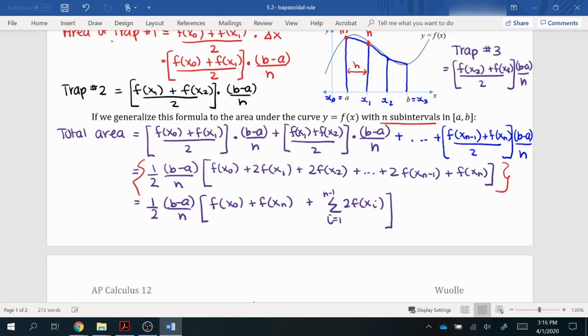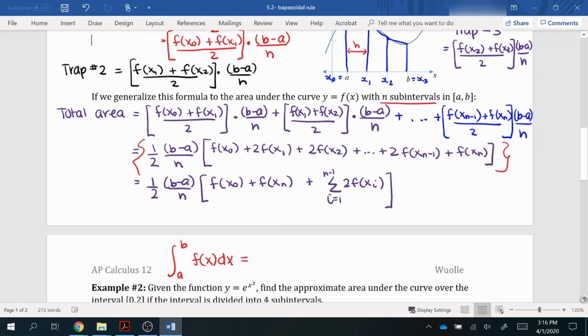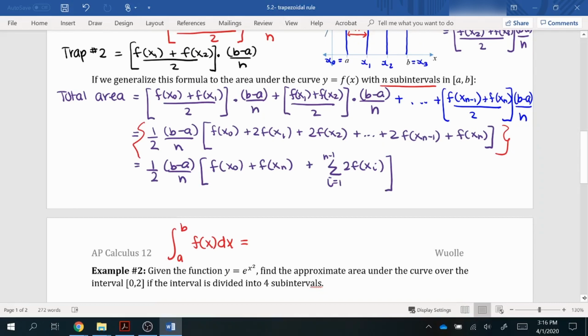So we're going to say the integral from a to b of f of x dx is equivalent to adding up all of these trapezoids.